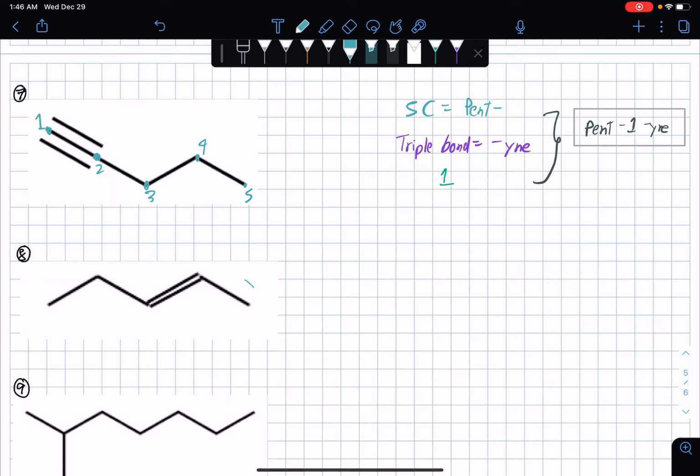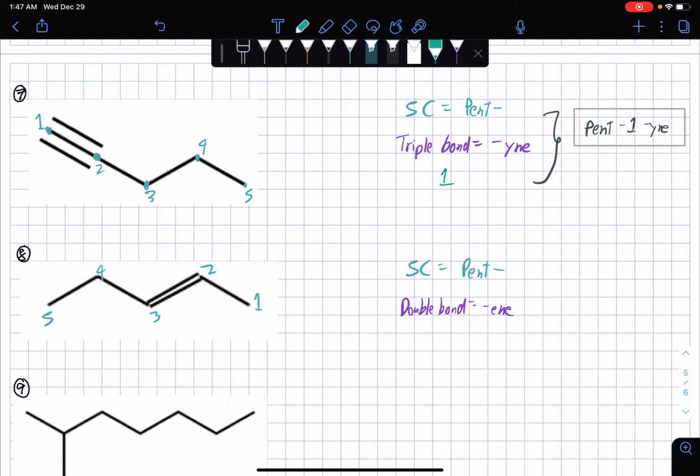Now, let's move to the next problem. We can see that this part is nearer to the double bond that we see here compared to this part. Therefore, we start counting here. So 1, 2, 3, 4, 5. Now, we have 5 carbons. Let's list that here. 5C is equal to the prefix pent. Now, we have a double bond, which is the suffix ene.